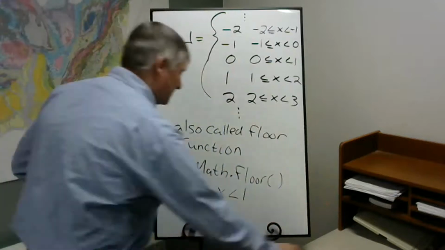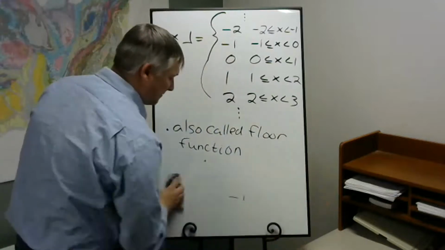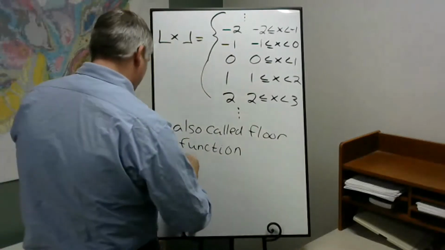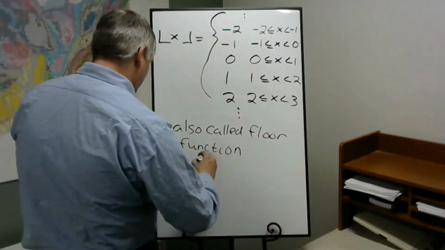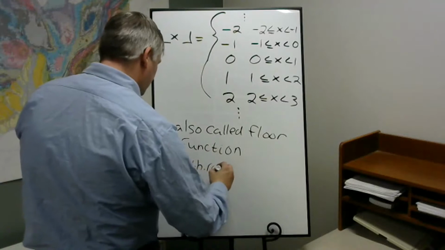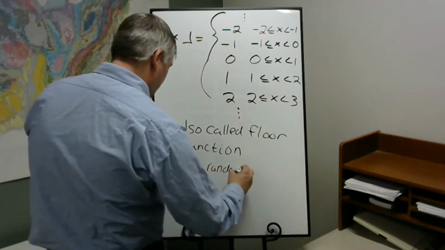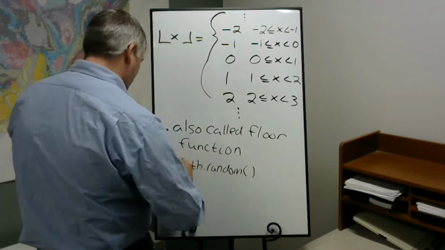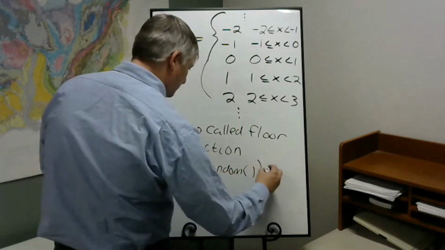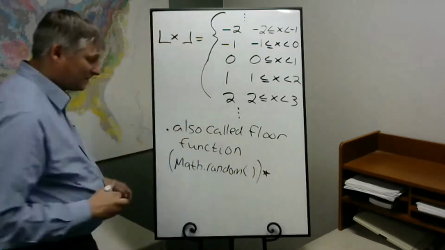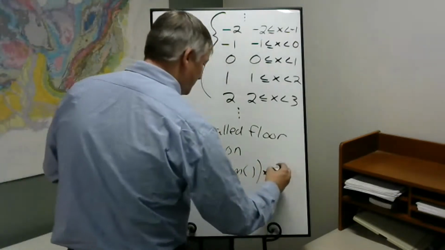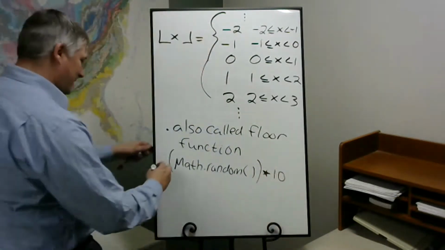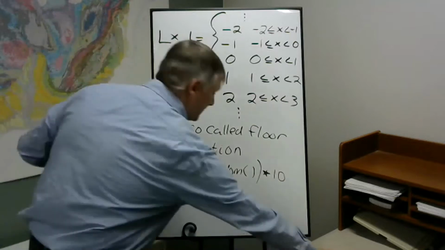So something you might see would be, I don't know if I remember the exact function calls, but you might see math.random times 10. And then you could take, ooh, I'm running out of space. I'm trying this again.